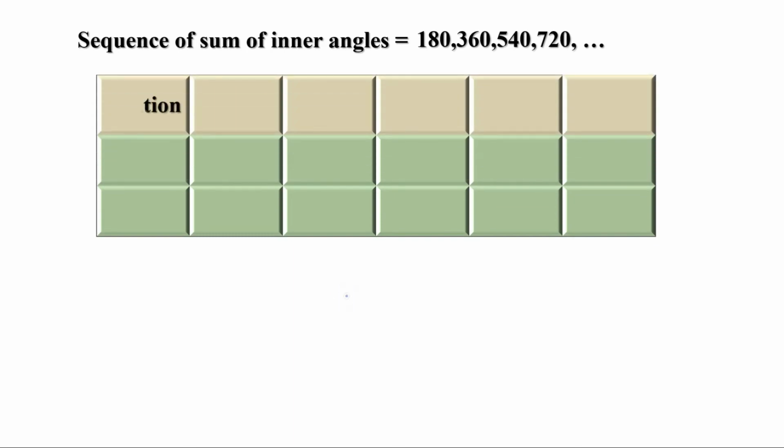Sum of the inner angles of an equilateral triangle is 180, that of a square is 360, that of a regular pentagon is 540, etc. Therefore, the sequence of sum of inner angles is 180, 360, 540, 720, etc. Let us write the position and term. First term is 180, second term is 360, third term is 540, fourth term is 720, and so on.